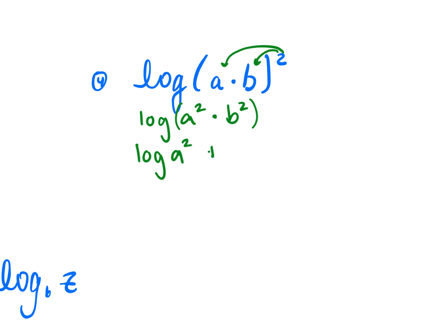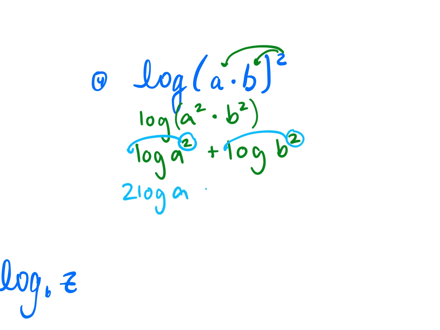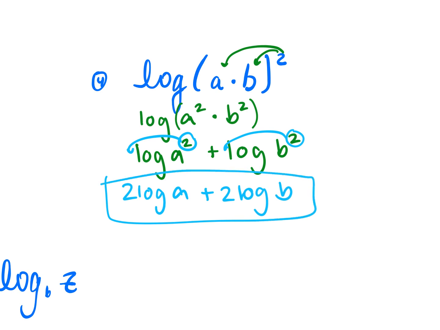Log a squared plus log b squared. And then we take the exponents and move it in front as coefficients. So 2 log of a plus 2 log of b. This would be our answer.